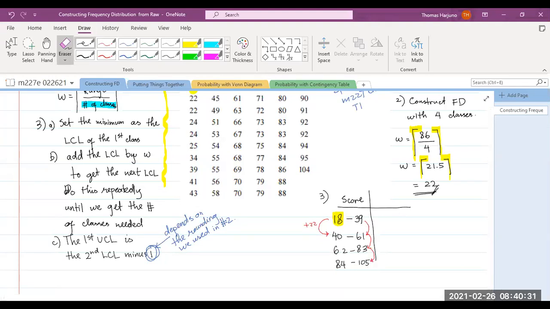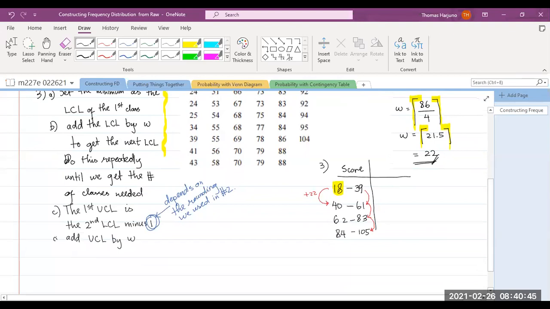Now, let me write it there. Then add that upper class limit by W to get the next upper class limit.